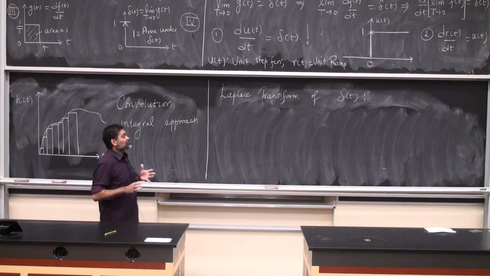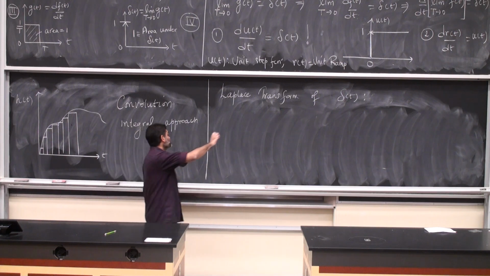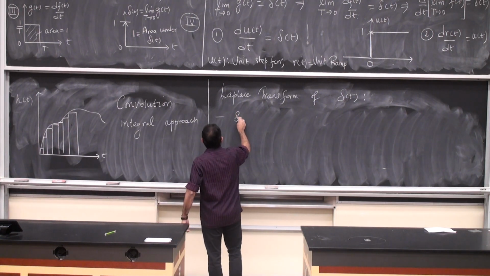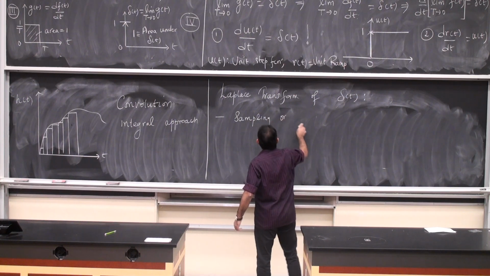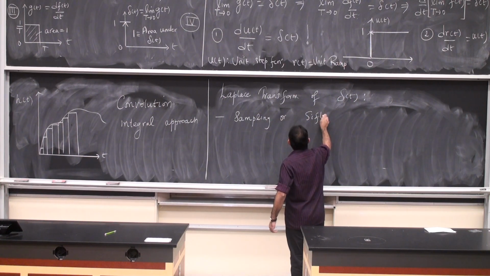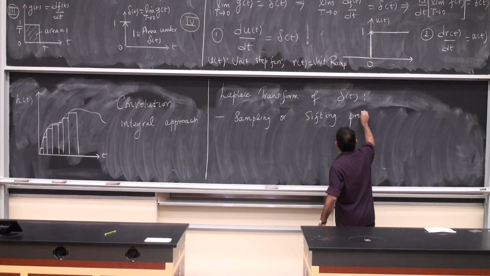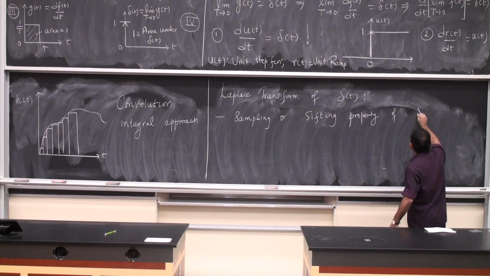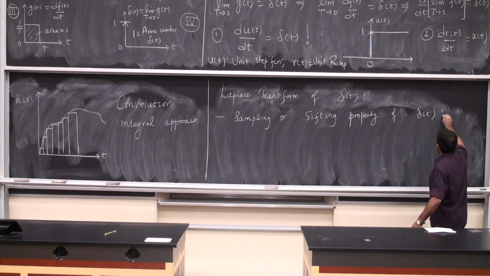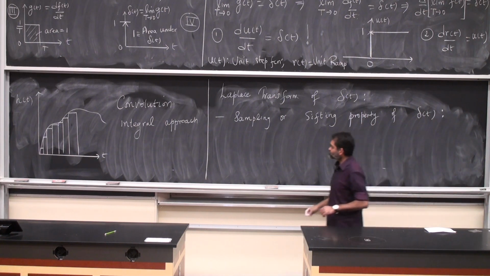First thing is I want to consider this very nice, beautiful property of impulse functions. It's called the sampling or sifting property. This is the property that I'm going to use. You will see how this is very useful.